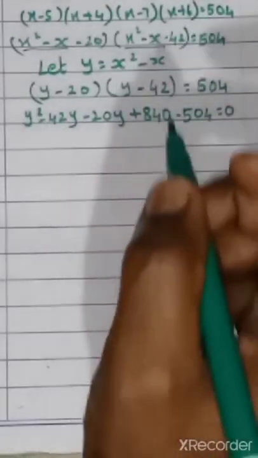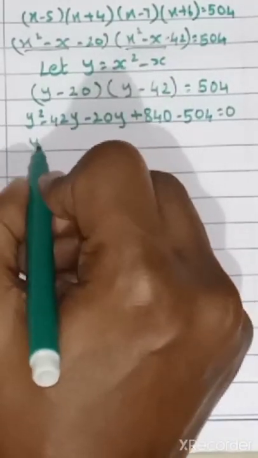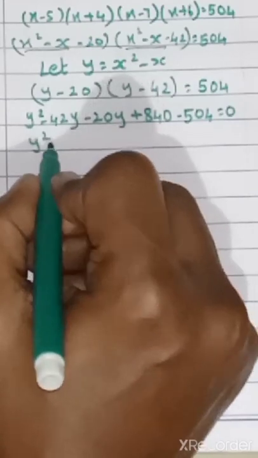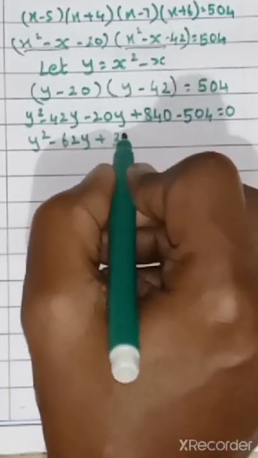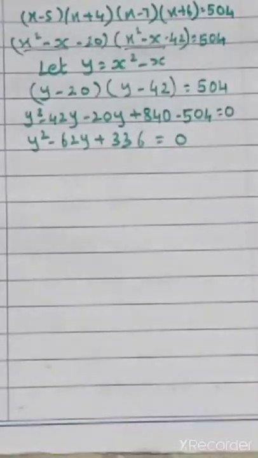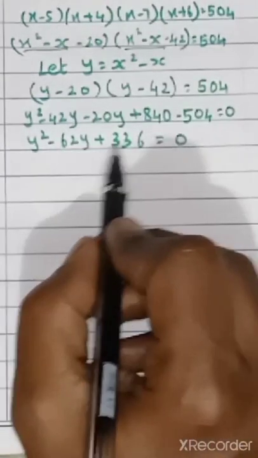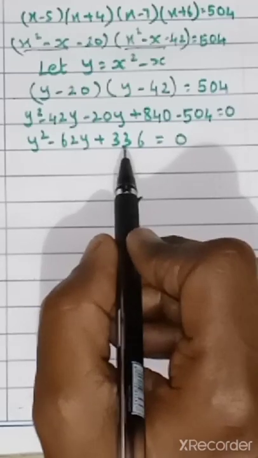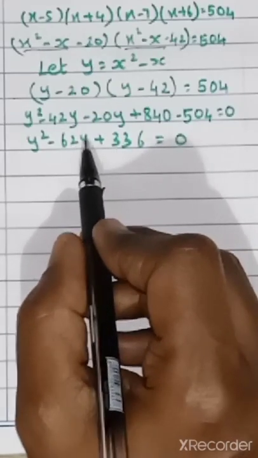So simplifying, what you will get is y square minus 62y plus 336, and subtracting the constants gives equal to 0. Is that right? Now you can use your normal method, the tree method. The product should be 336 and the sum should be minus 62.